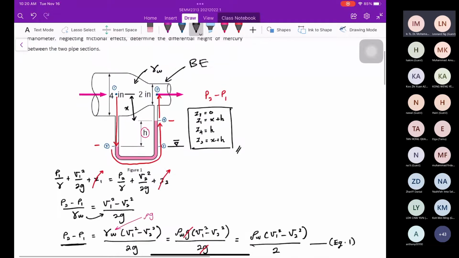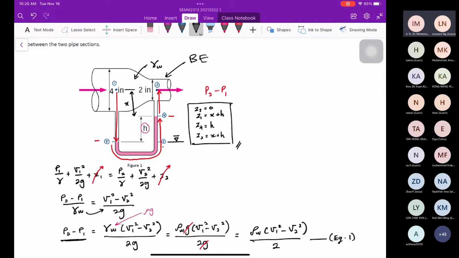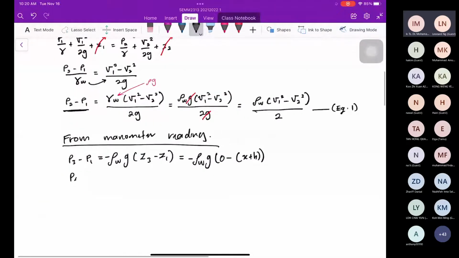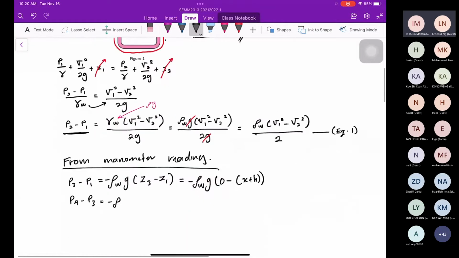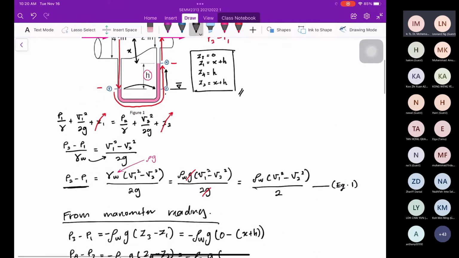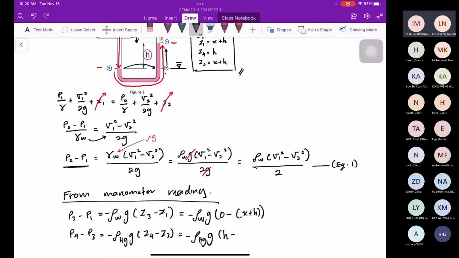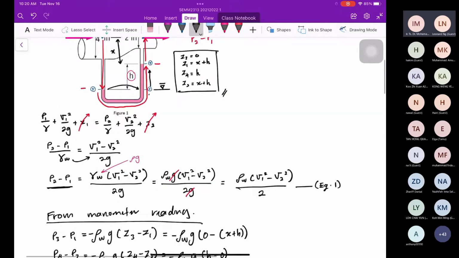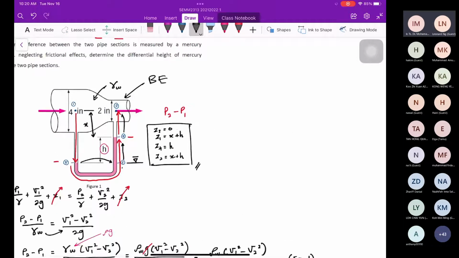Okay, and then from 3 go to 4. So this 3, we jump, it is the same. 3 go to 4. So P4 minus P3 equal to negative rho of mercury g, Z4 minus Z3. So Z4 is H minus Z3 is 0. And then from 4 go to 2.